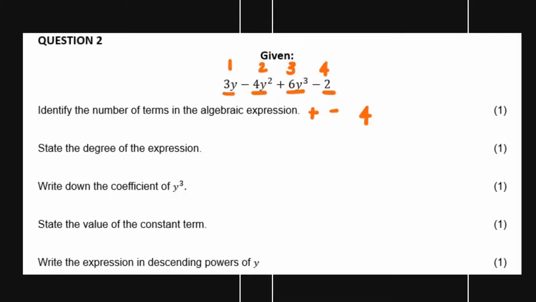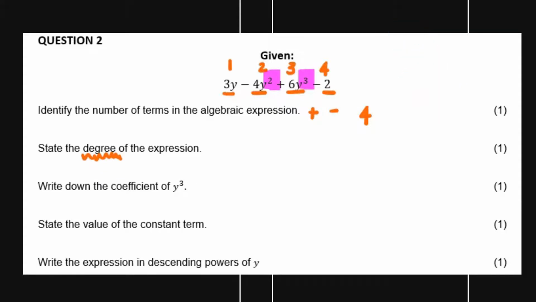The next question reads, state the degree of the expression. The degree, again, is the highest exponent that we find within this expression. Within the expression given, we have the exponent 2 and we have the exponent 3. Between these two, the higher exponent is 3.